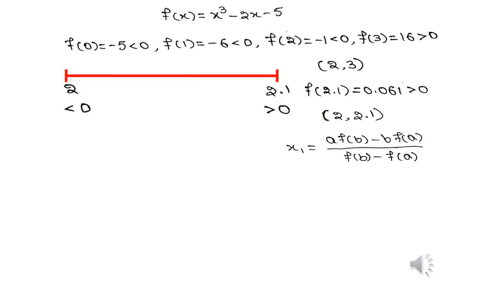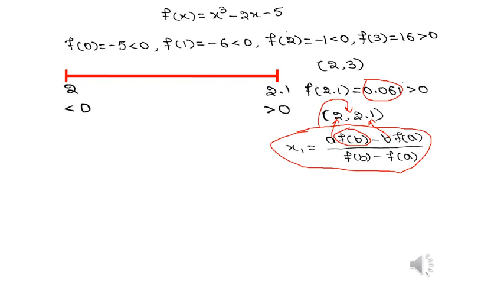Let us apply the formula which we have already seen to find a new root between 2 and 2.1. What is A? A is 2, and what is B? B is 2.1. F of B means f of 2.1, the value we know.